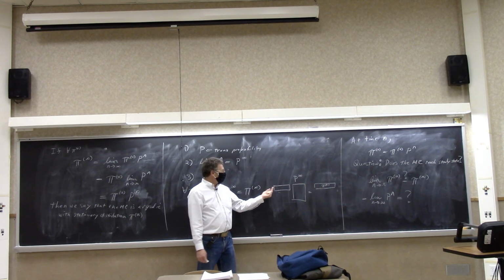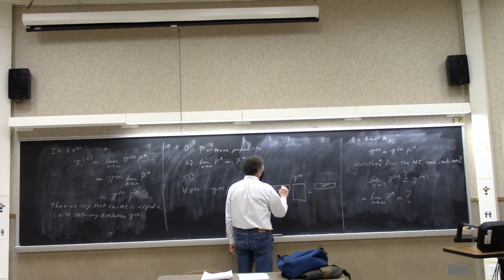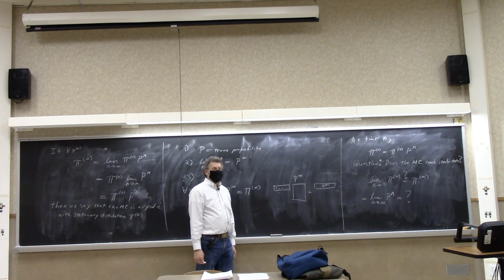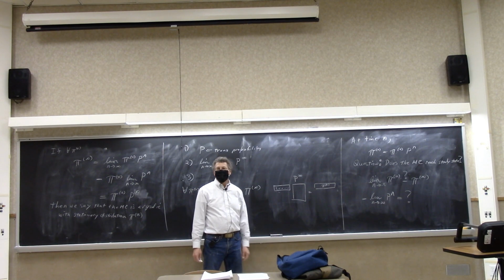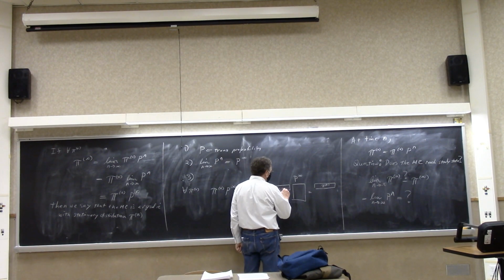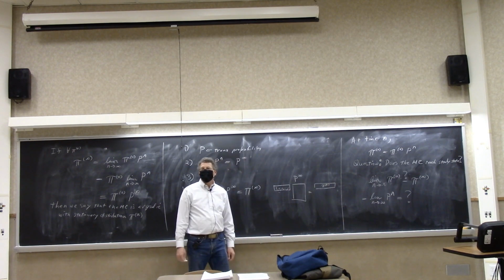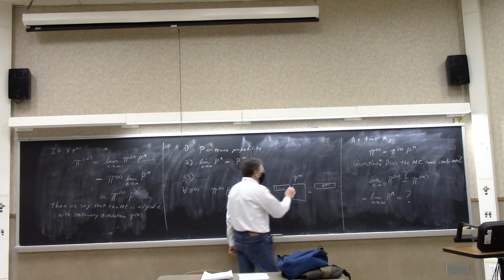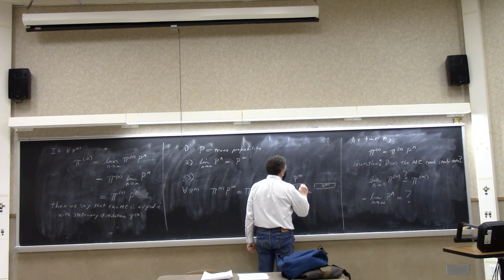Let me pick this vector to be 1, 0, 0, 0, all zeros otherwise. Then what does that tell me about P? The first row of P infinity has to be equal to pi infinity.